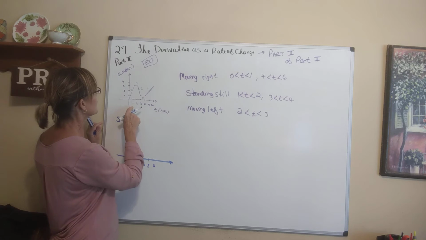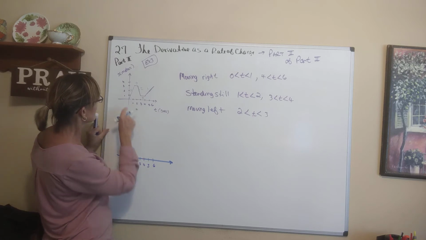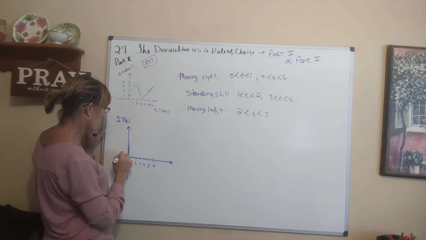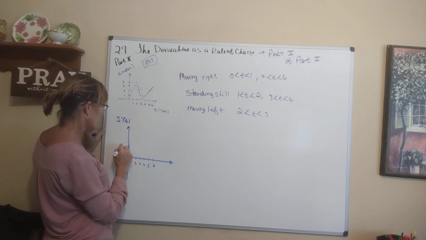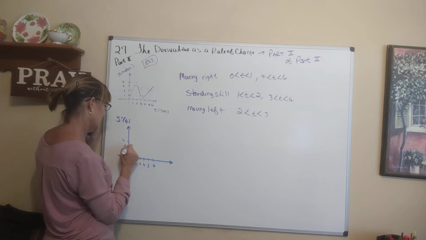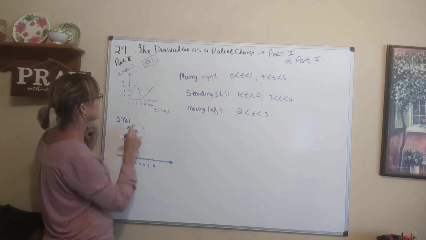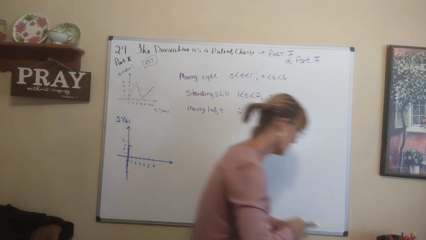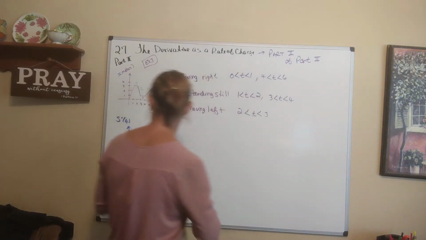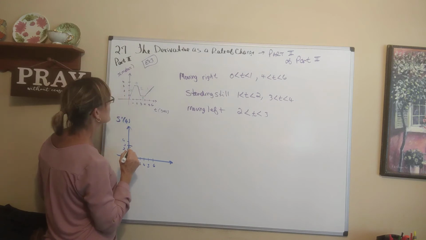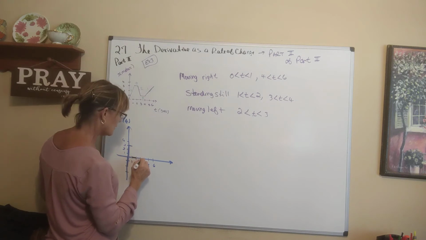So between 0 and 1 seconds, it's up here at 3. And then between 1 and 2, it's down here at 0. I'll make that black so we can see that. Between 1 and 2, it's at 0, and also between 3 and 4, it's at 0.